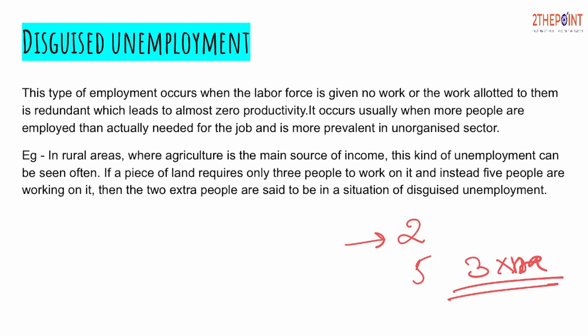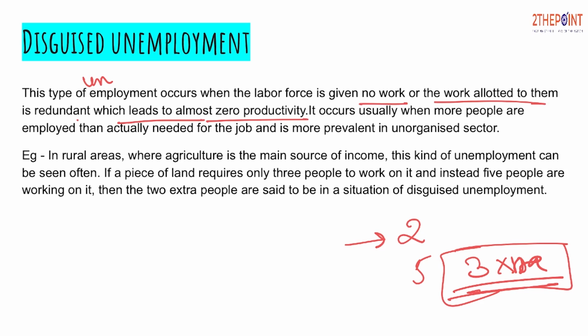The reason could be that they are not finding maybe another job, or that is the only available option to work on this piece of work, so they are employed. So such type of unemployment, that is the unemployment for these 3 people who are extra, is disguised unemployment. This type of unemployment occurs when labor force is given no work, or work allotted to them is redundant, which leads to almost zero productivity.